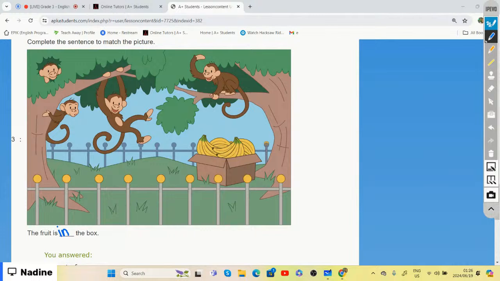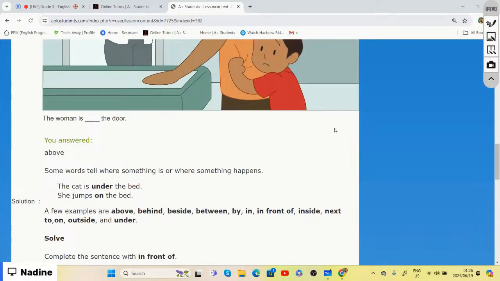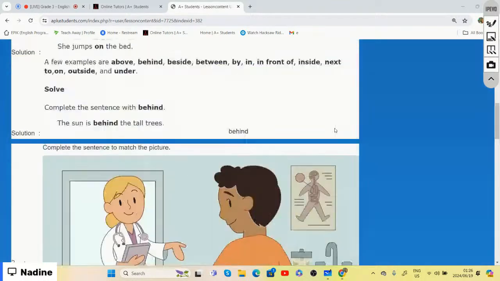So we can say that the monkeys are in the tree. We can say the monkeys are hanging on the branches, right? On the tree, in the tree, hanging on the branches, and the box of bananas is under the tree, right? So as long as you know what prepositions are, it basically tells us either where something is or where something happens. Let's go to our test.